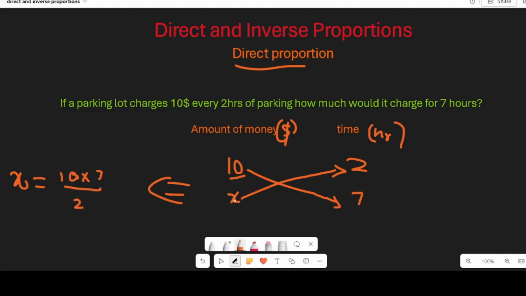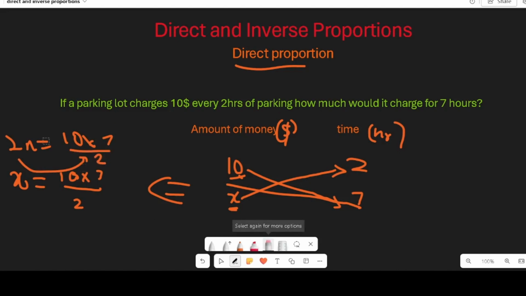Whatever you're multiplying with the variable becomes the denominator after the equal to sign, and you multiply these two after the equal to. Before this it was initially 2x equals 10 into 7. By transposition this would come over here and become divided by 2. So we just did it directly instead of doing all this.